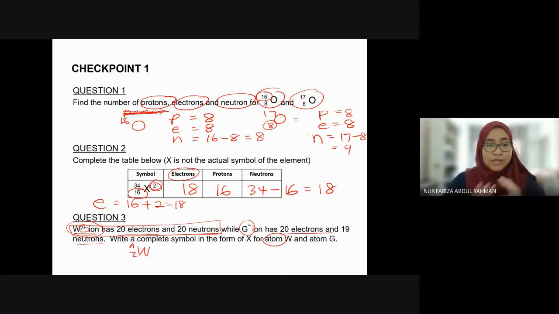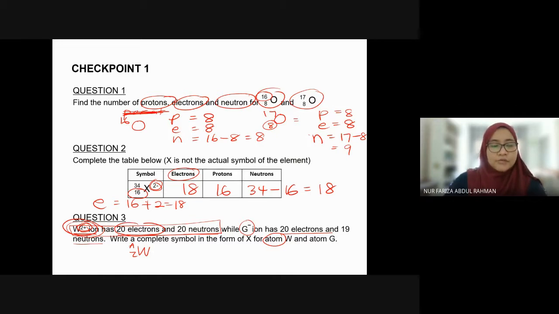When it donates the electrons, the atom has fewer electrons, so it becomes more positive. That is why we have the positive charge. So in order to know the proton number, we cannot base it on the electron here, because this electron number is for the ion, not for the neutral atom.